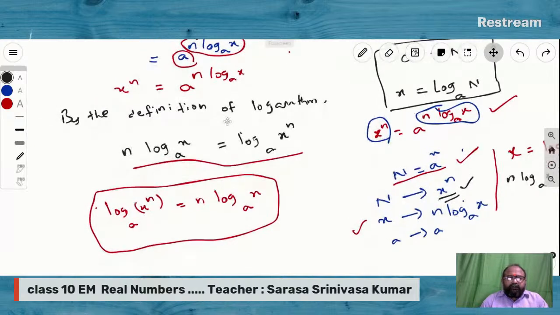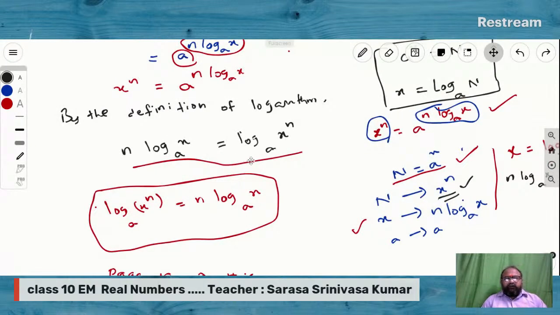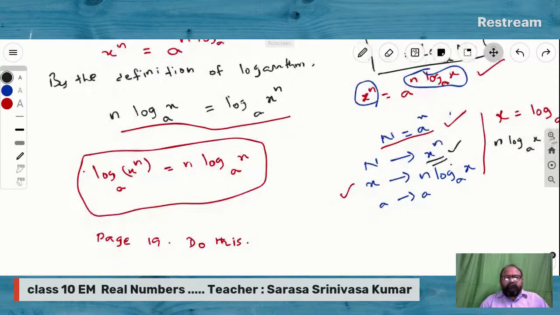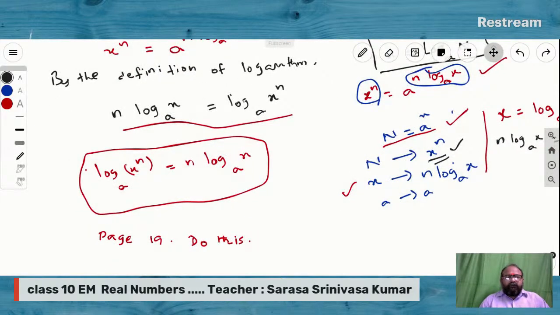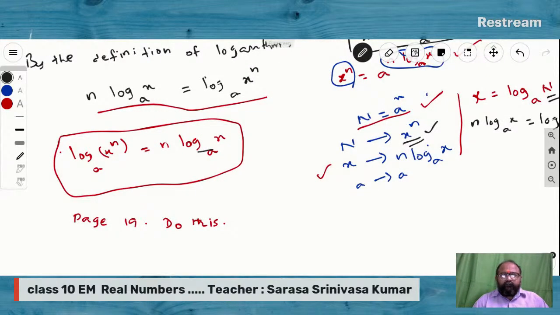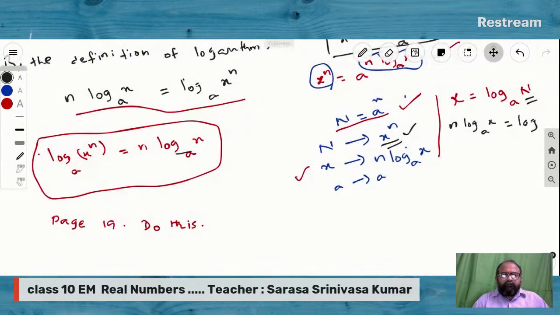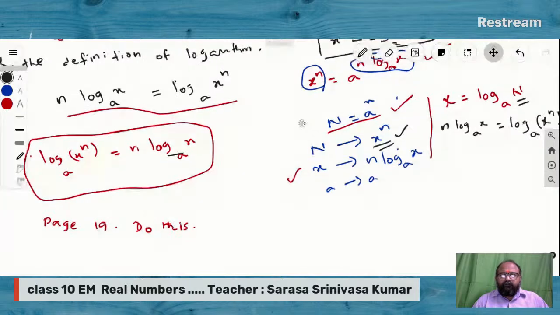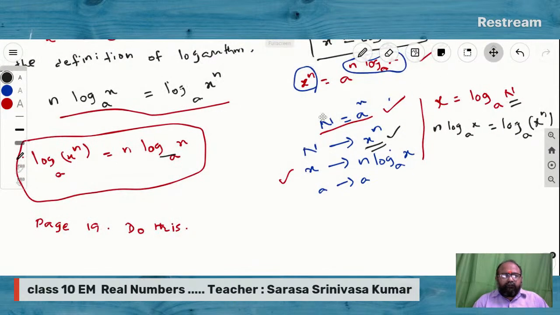Hence we got that n log x to the base a equal to log x to the power of n base a. Therefore, we can conclude that log x to the power of n base a equal to n log x base a. So this is the conclusion.